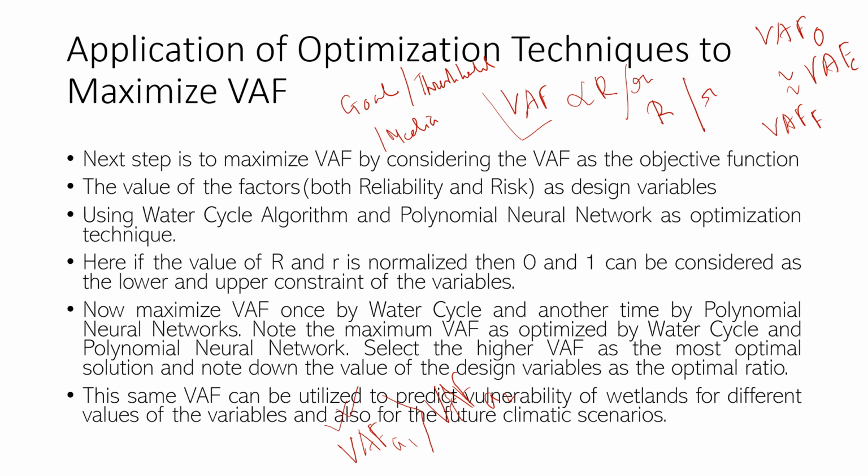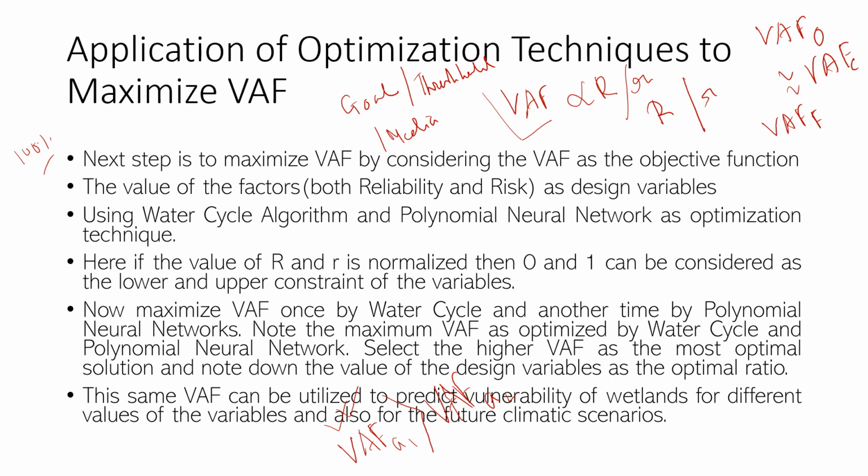If the optimal VAF and current VAF have a difference of, suppose, 100%, that means optimal VAF is 100% more compared to current VAF, then your wetland is currently 100% vulnerable, very severely vulnerable. Okay, so that is what we are to achieve.